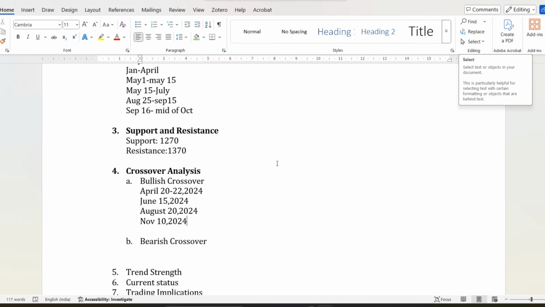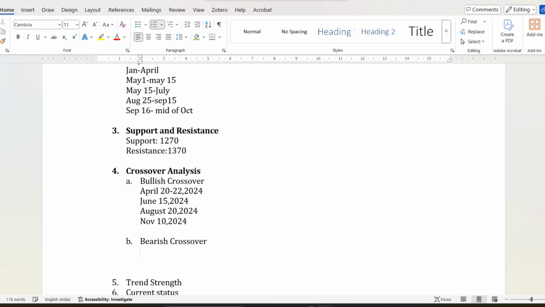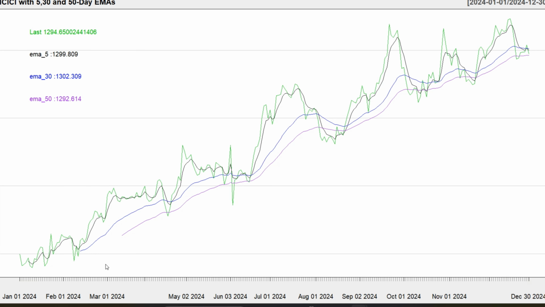Next one, bearish crossover is completely opposite. It means the short-term EMA, its black color line, intersects the medium-term or long-term EMA from the top and moves downwards. So you can see here in the month of April, it moves downwards just for 2-3 trading days, I feel.